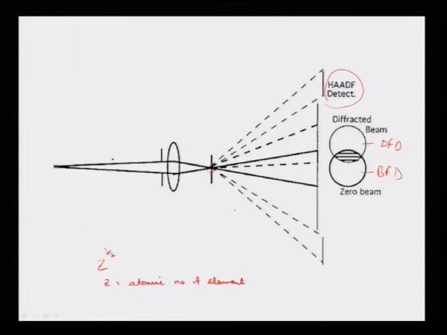Now, as I said, one of the advantages of this high angle annular detector is to obtain Z contrast images, but it has its own limitations also. Limitation in the sense that the sample has to be properly oriented, and in many cases we found that the signals are dependent on the sample thickness.